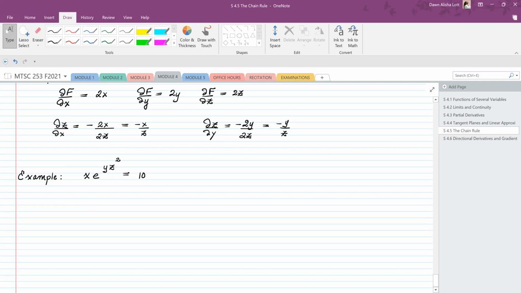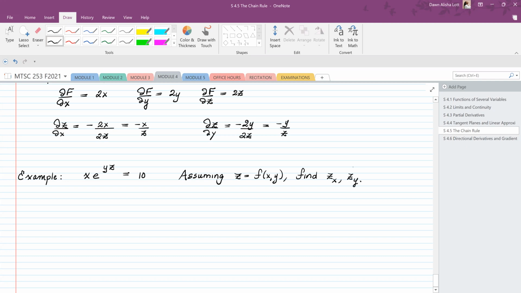I won't even make it z squared. I'm just going to make it plain old z. Find, assuming z is a function of x and y, z sub x and z sub y.